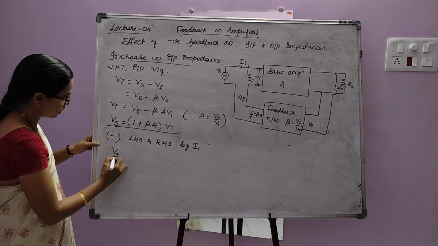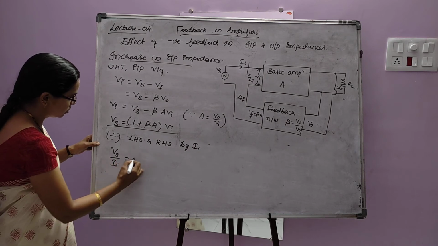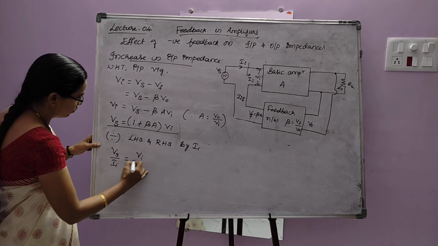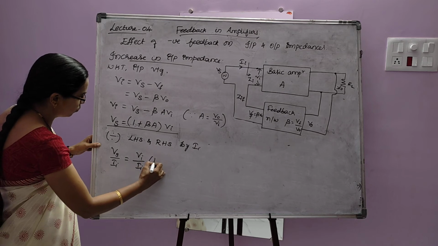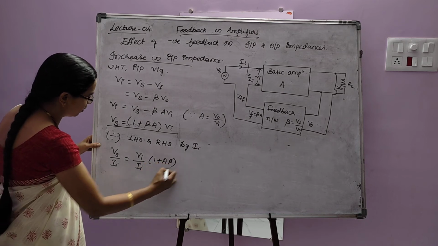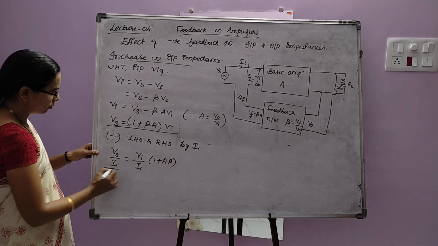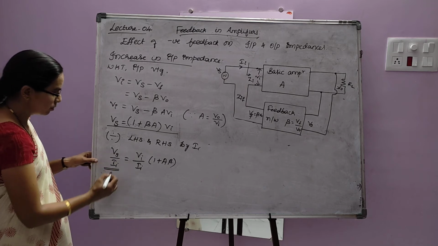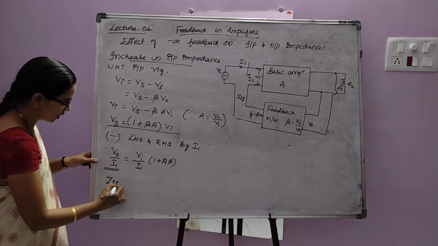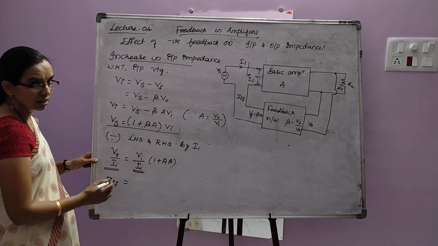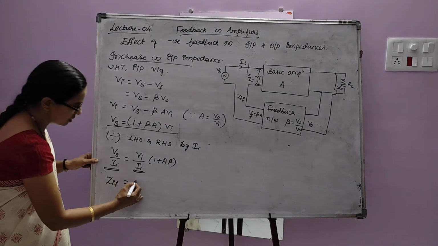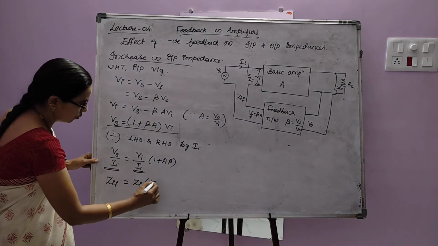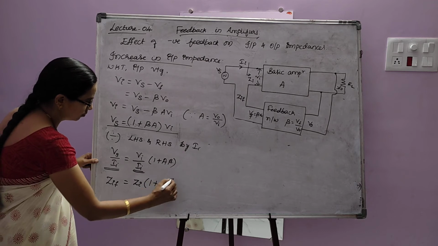Vs by Ii is equal to Vi by Ii into 1 plus A beta. You know that from equation 2 Vs by Ii is Zif. From equation 1 Vi by Ii is Zi into 1 plus A beta.